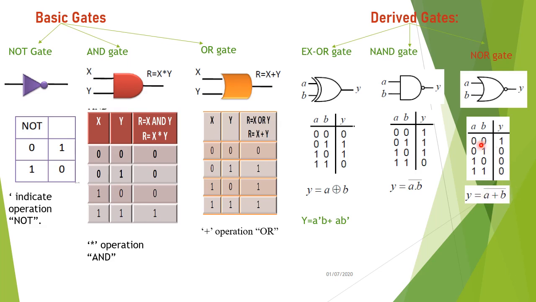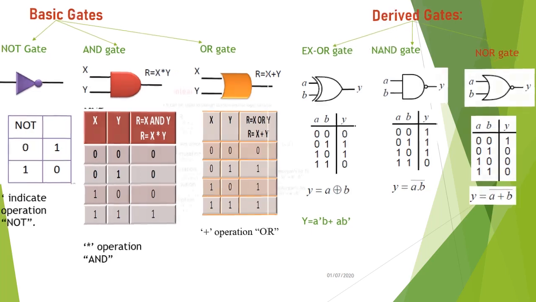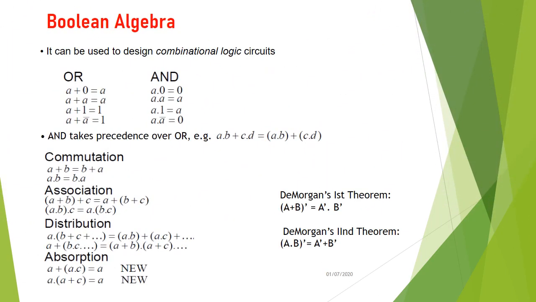In the truth table of the NOR gate, we can see that when both the inputs are 1 or any one of the inputs is 1, the NORing result will be 0, but when both the inputs are 0, the NORing result will be 1. Now we will move towards the concept of Boolean algebra.